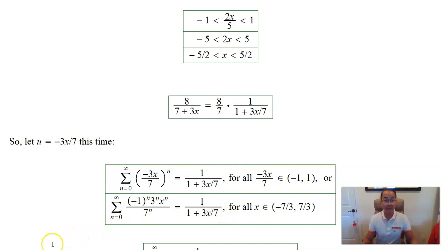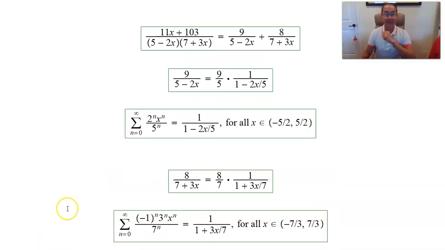So now we have to put these two representations together. Oh wait, there is the 8 over 7 and the other thing. So we have to do that next. All right, now we get to put it all together. Big picture, what have we done so far for this function? We did a partial fraction decomposition, found the numerators. Each of them we turned into a form that will allow us to apply the geometric series formula.